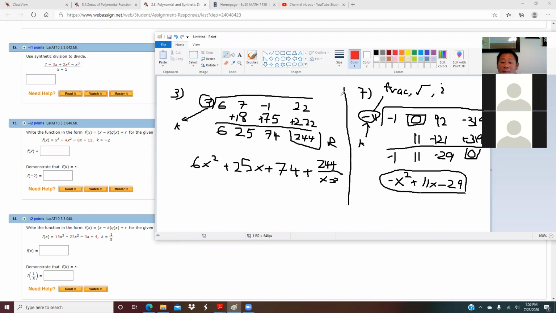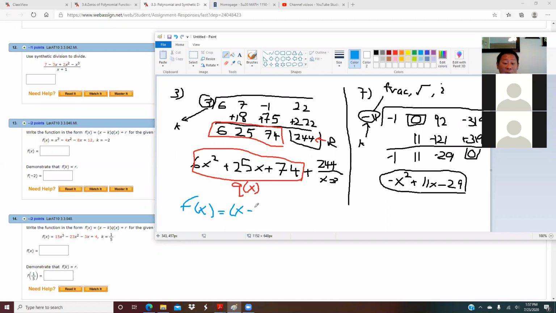And then this, the one inside here, is called your q(x). That's what we call the quotient. So q(x), and then this will be your r. So if I want you to write f of x for this question in terms of this, then the answer is f of x equals x minus k.